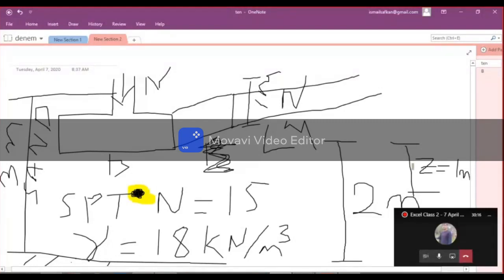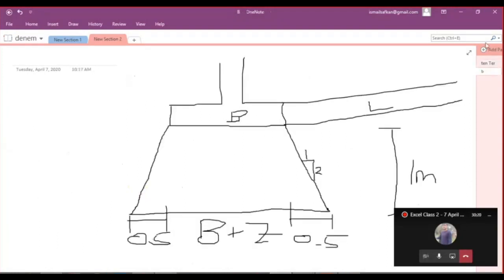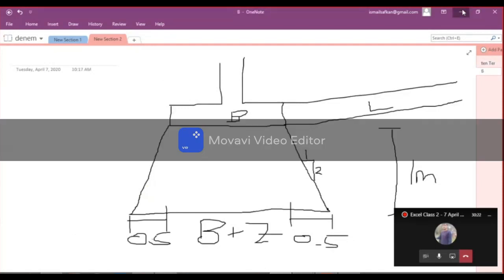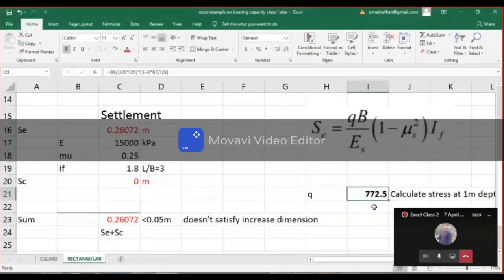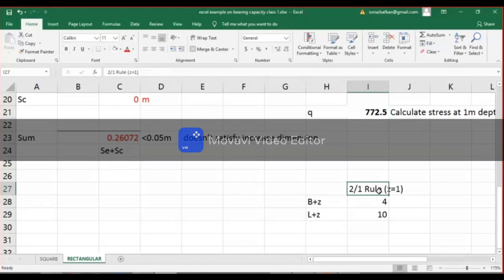Half of 2 will be 1. So by considering that 2 by 1 rule, Z is equal to 1. B plus Z, L plus Z gives you the needed dimensions, and you calculate your stress accordingly.